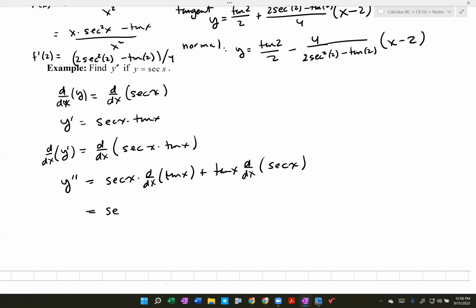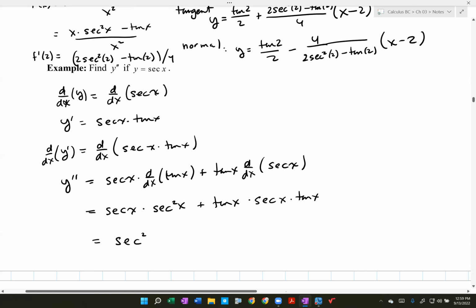So it's secant x times derivative of tangent, which is secant squared of x, plus tangent of x multiplied by the derivative of secant, which is secant times tangent. And if we clean that up, we get secant cubed plus secant x times tangent squared.